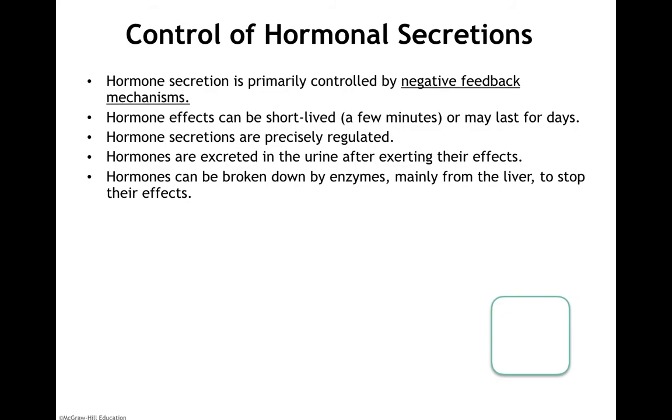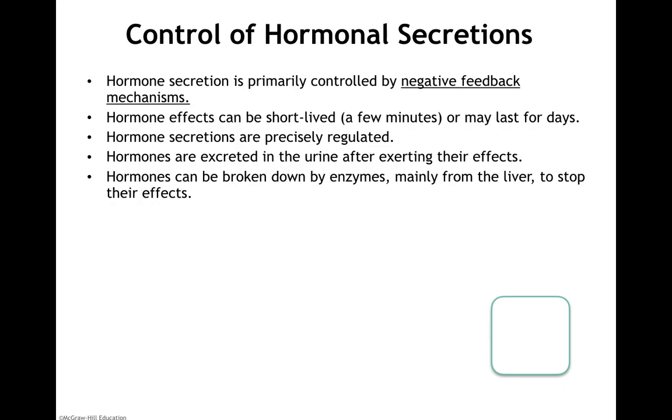Controlling hormone secretions is primarily done by negative feedback mechanisms. A hormone effect can be short-lived or last for days. So hormone secretions are precisely regulated, and hormones are excreted in the urine after they exert their effects.